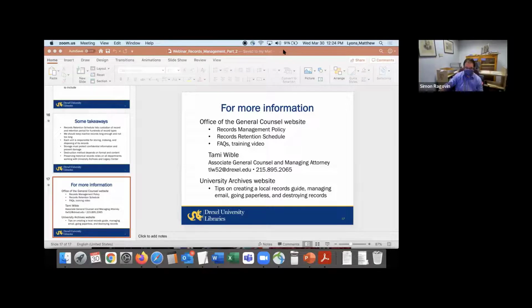Okay, I do have a couple questions. If the retention period is up, obviously there are some records where there's a legal obligation to destroy them, but in the case where there is not a legal obligation, where it's not actually sensitive material, an example I'm looking at is annual reports.